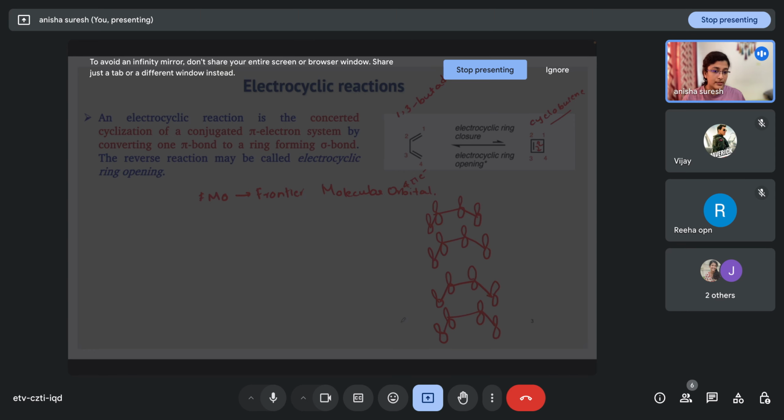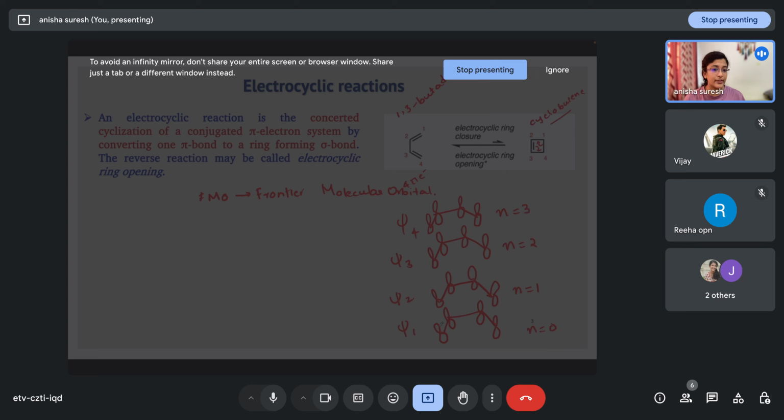These FMOs can be named Psi 1, Psi 2, Psi 3 and Psi 4. Psi 1 will have number of nodes equal to 0. Psi 2 will have number of nodes equal to 1. Psi 3 will have number of nodes equal to 2. And Psi 4 will have number of nodes equal to 3.